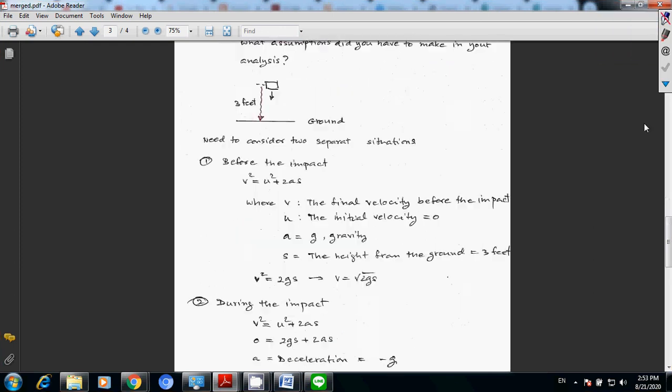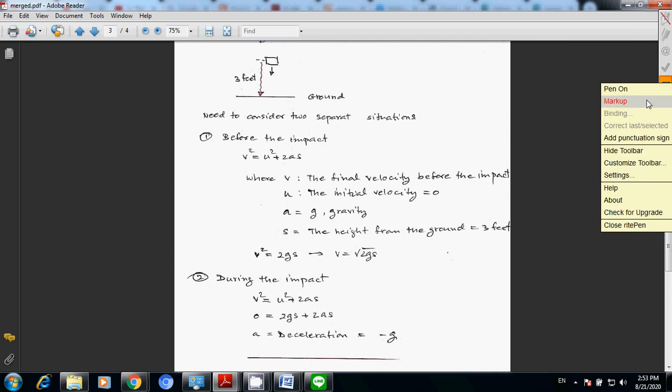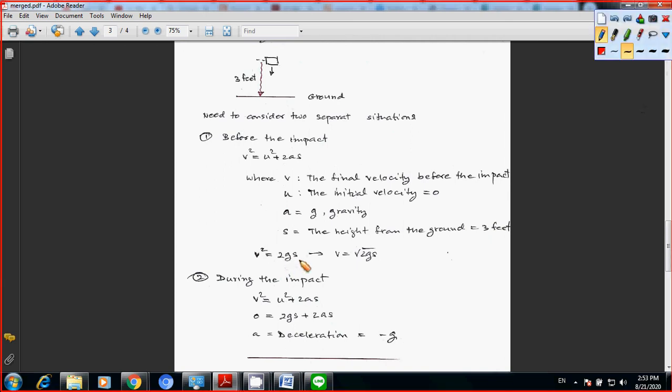Next, during the impact, use the same equation, but this time your V, the final velocity, becomes 0, because it stopped on the ground, right? It cannot go anywhere. And your U squared is the final velocity from before the impact, before it hit the ground. So you represent U squared by 2gs.